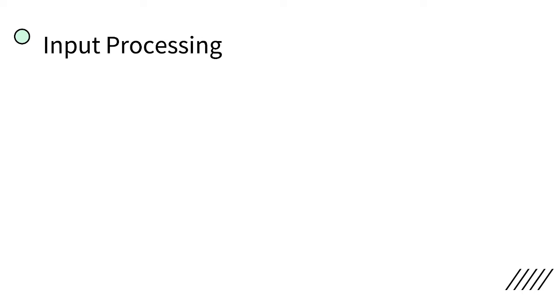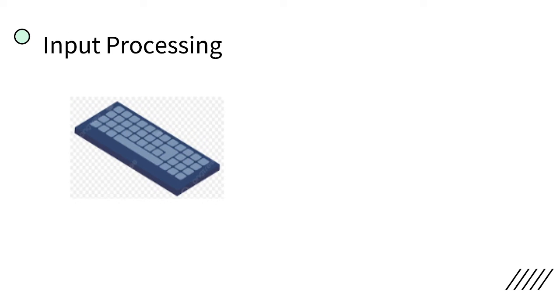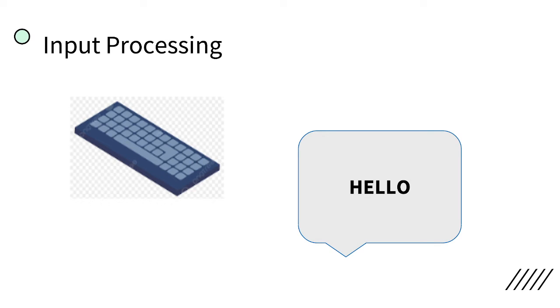To understand this in a very deep way, we need to understand input processing mechanism of the computer system. To understand the input processing, let us take an example. Let us consider a keyboard is connected to the computer system and a user is acting on a keyboard and user wants to type hello world on a keyboard by pressing respective keys and user wishes to reflect this hello world on a computer application.